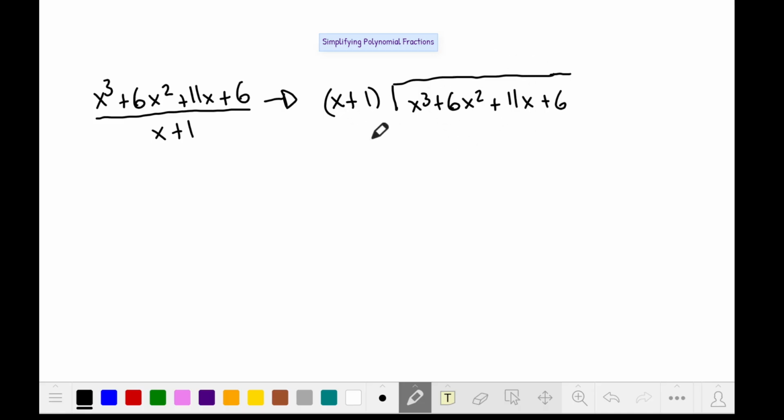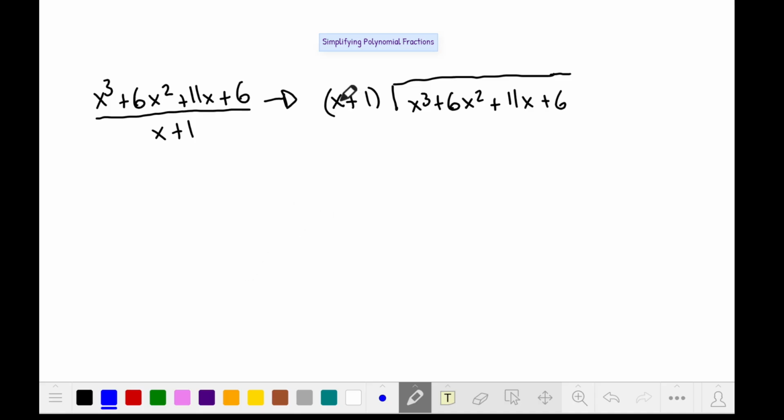So the idea behind this is that we look at the biggest power of x, and we compare it with the biggest power of x underneath. So we're comparing the two, and we're asking how many times does the smaller one fit into the big one? Or in other words, what do I need to multiply the little one by to make it look like the big one? All right, so we're going to get started.